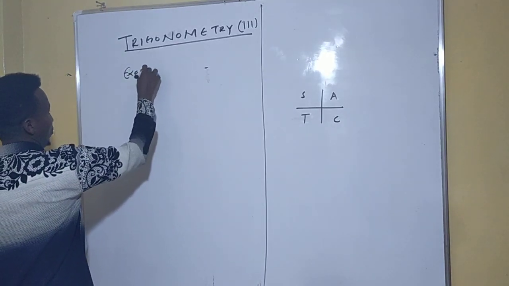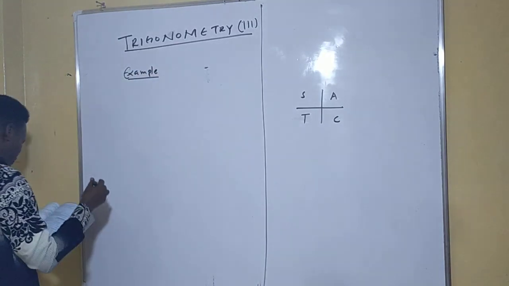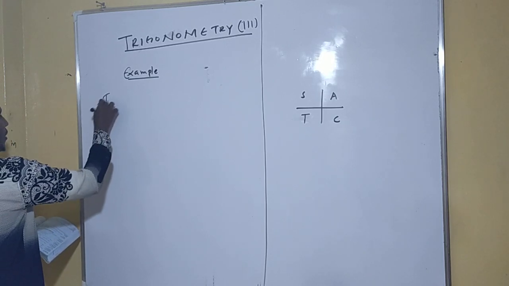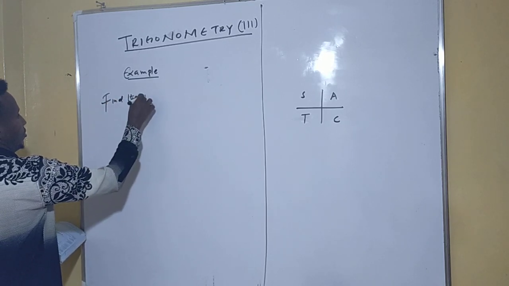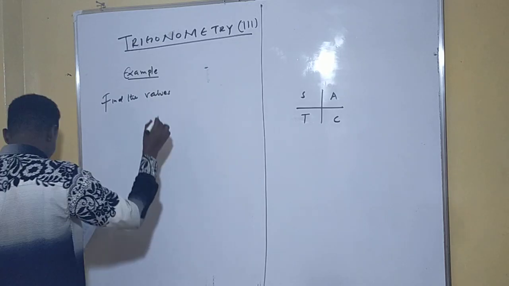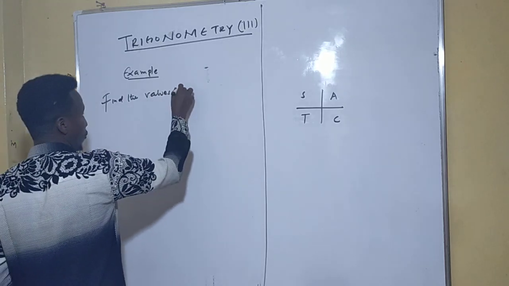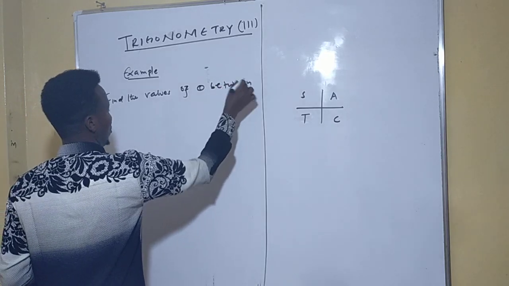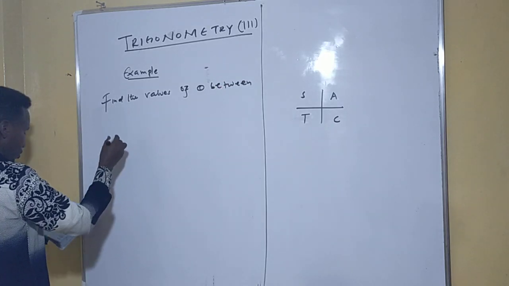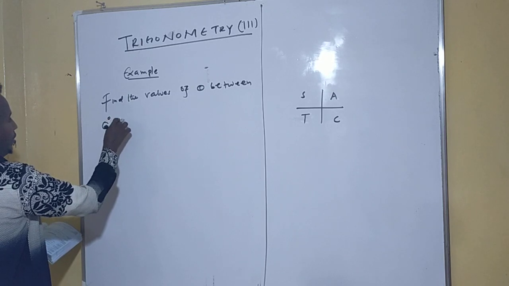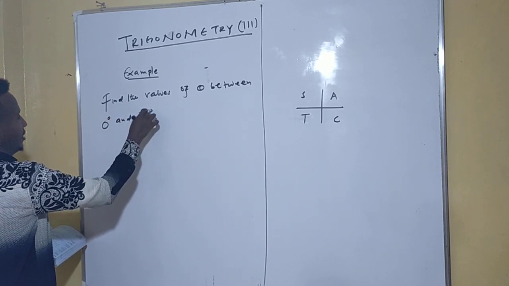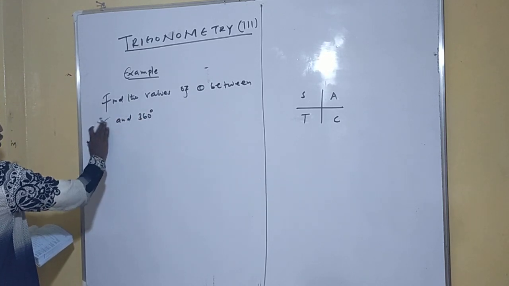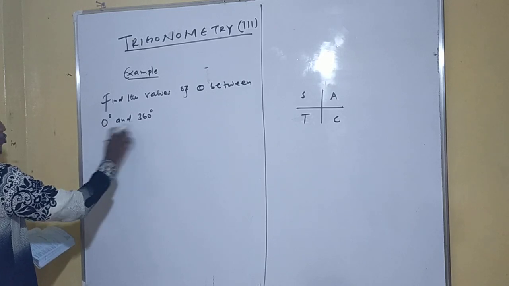We have our example 1 here. You are told, find the values of theta between 0 degrees and 360 degrees. So this is what we normally call the range. This is the range you're going to use.